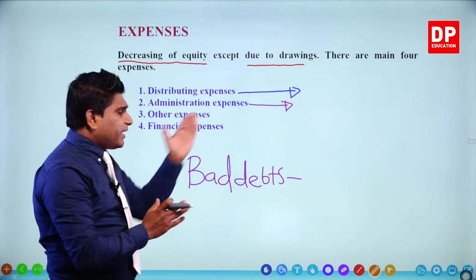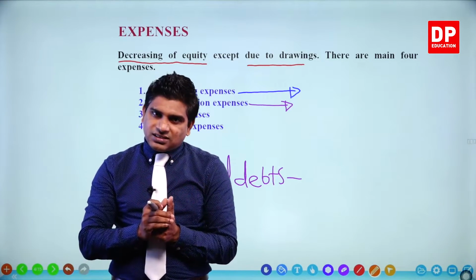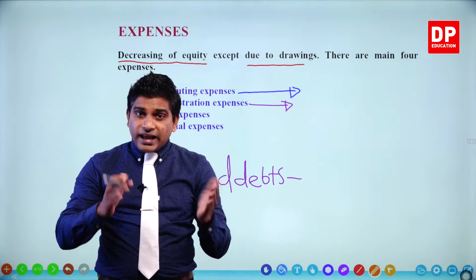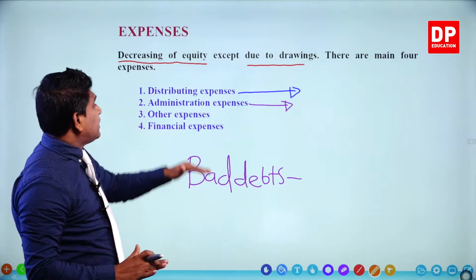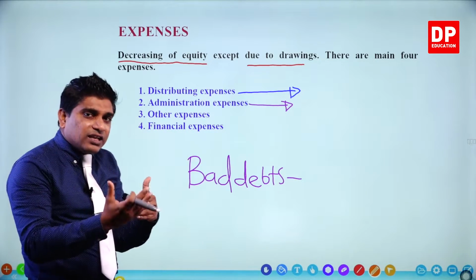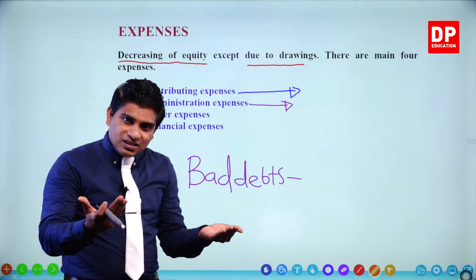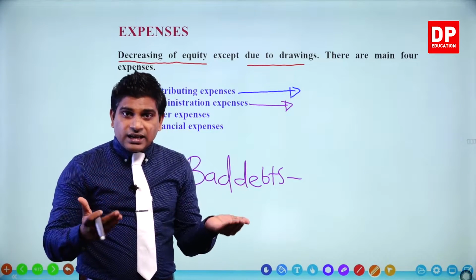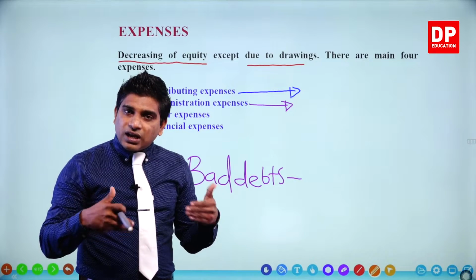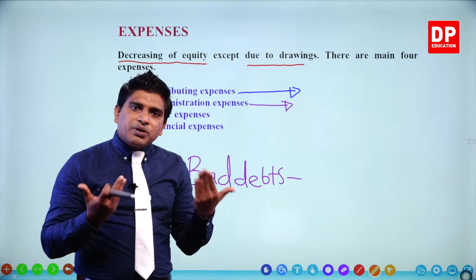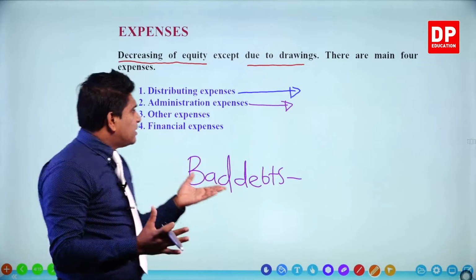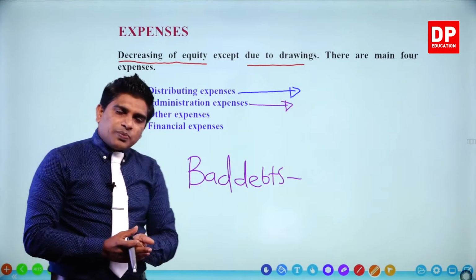They never give direct support to promote sales. Water bill, electricity bill, but advertising we write under distributing. Why do we advertise? To promote our sales. But insurance expense, employee salary, telephone bills, machinery depreciation, all these expenses come under the administration expense category.